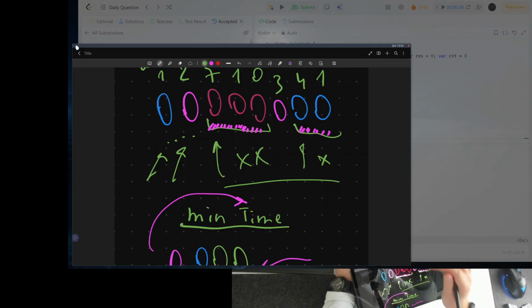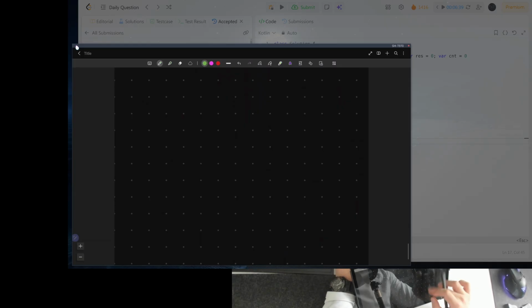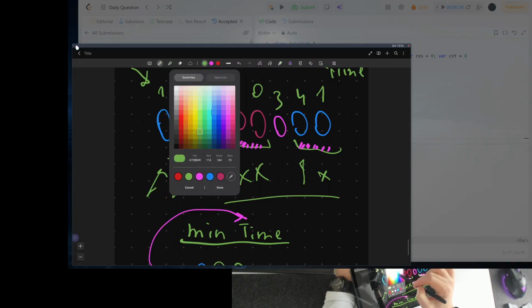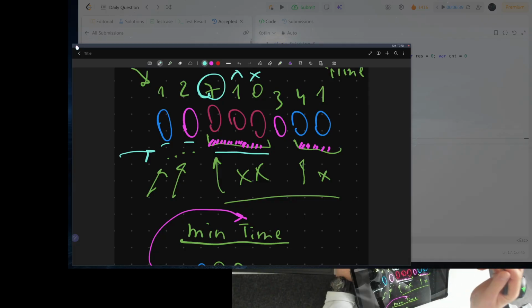Okay, to remove them in a single scan operation, we just go from left to right like this and count how many colors we have. And if we have more than one, we should keep the maximum and remove all the others.